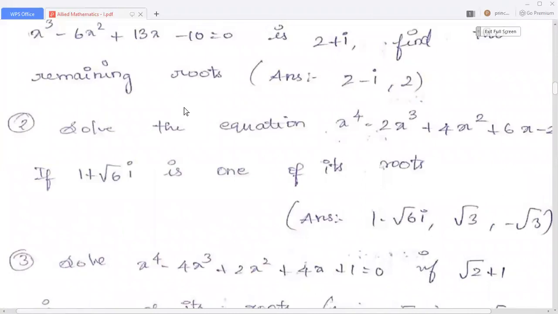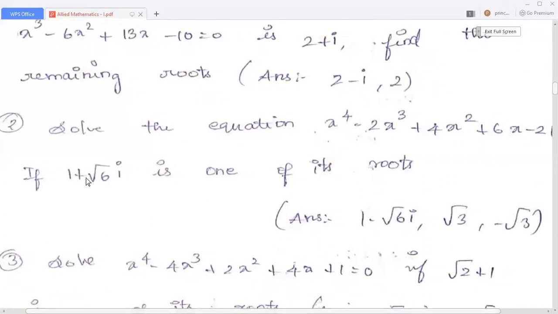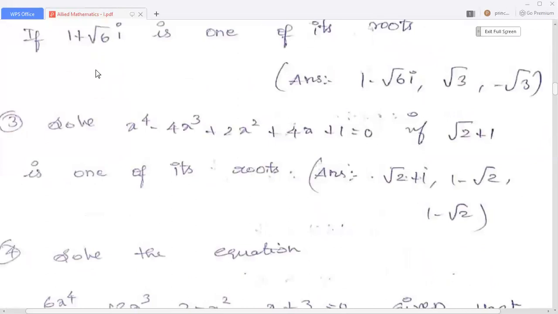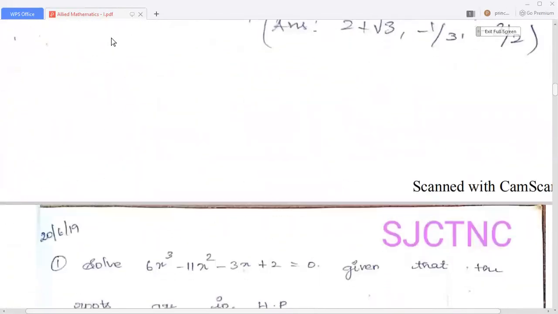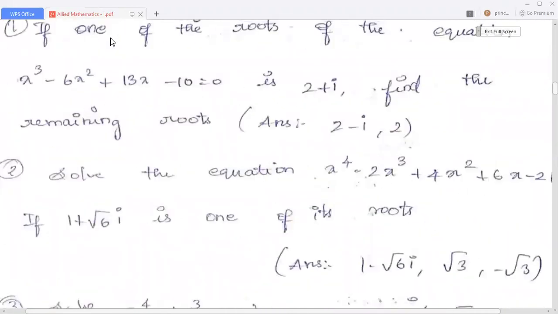Solve the equation x power 4 minus 2x cube plus 4x square plus 6x minus 2 equal to 0 if 1 plus root 6 i is one of its roots. Similarly, problems 3 and 4 are given for assignment.